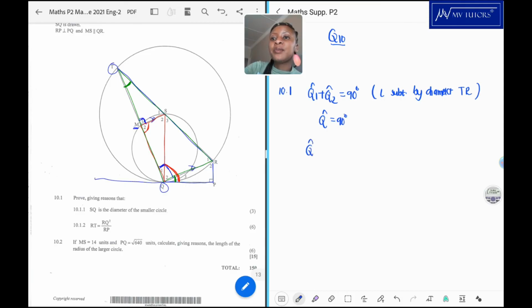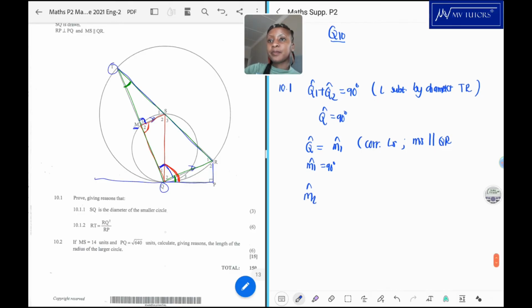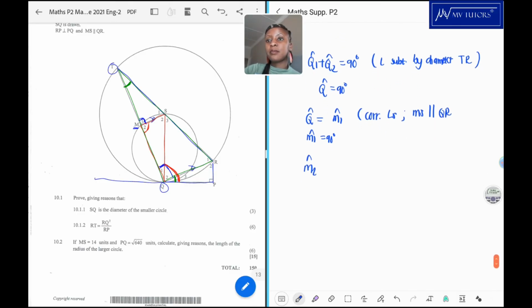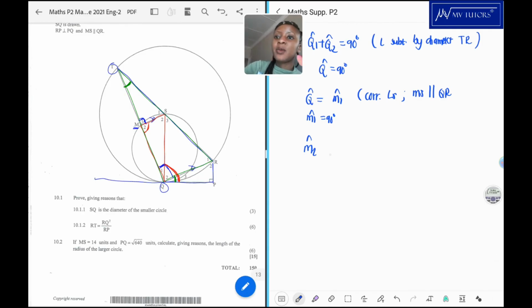Then I know that Q is equal to M1, because those are corresponding angles where MS is parallel to QR. Finally, M2 is equal to M1, which is equal to 90 degrees.